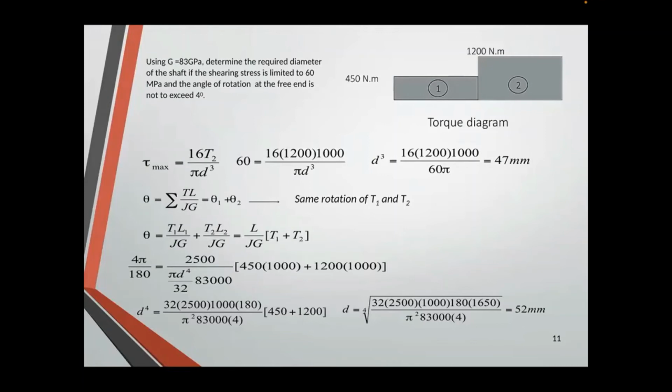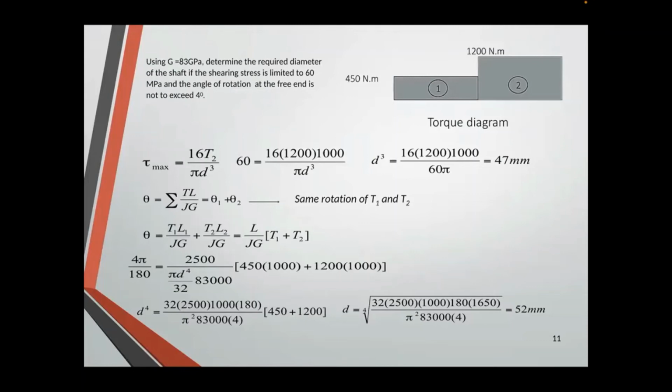So, ibig sabihin, pag lumiit ka pa sa 47, kunyari, ang ginamit mo is 46 mm, magkakaroon ka na ng failure sa shearing. So, in that sense, if you look naman sa twisting, ang required diameter for this circular shaft para ma-resist niya yung failure sa twisting should be 52 mm.